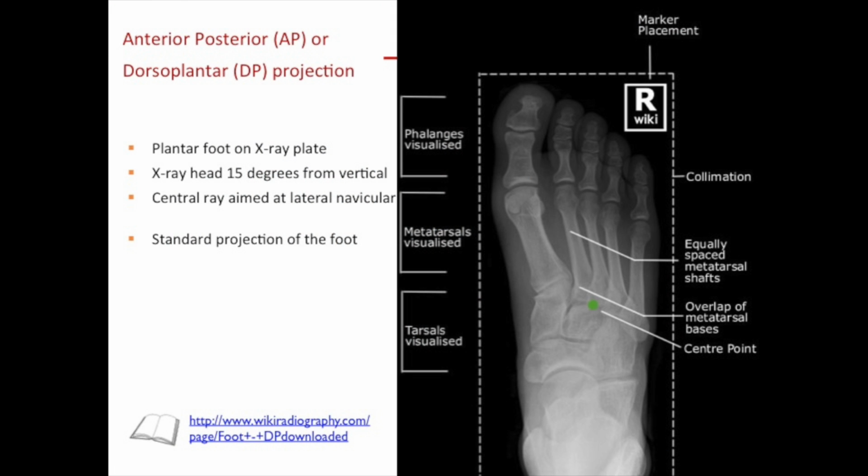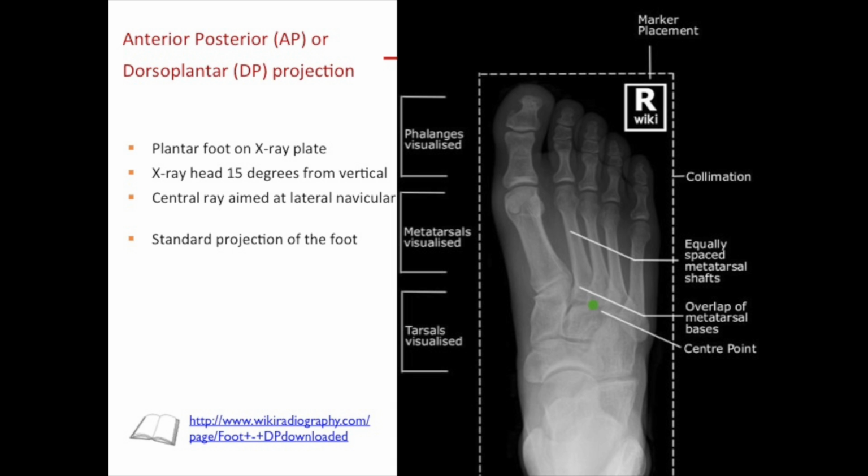Here we can see the typical view in terms of an anterior-posterior projection, and I see that there's a mistake in this slide which will give you a dorsoplantar view.